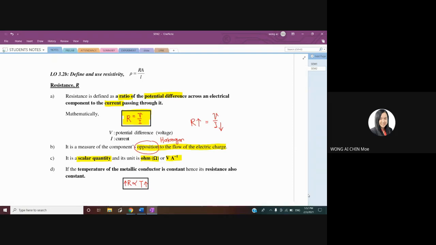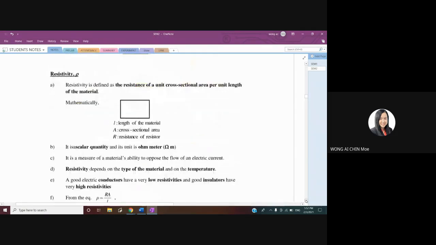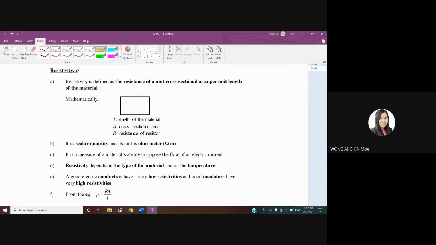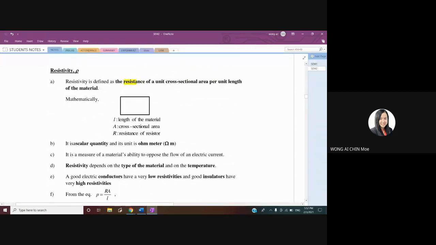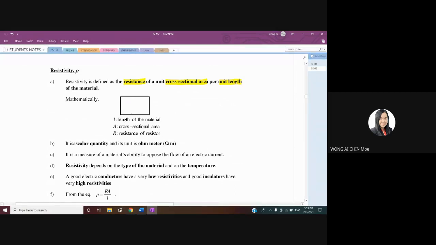Okay, next we go to resistivity. Resistivity is defined as the resistance of a unit cross-sectional area per unit length. So we can write the equation: resistivity equals RA over length.